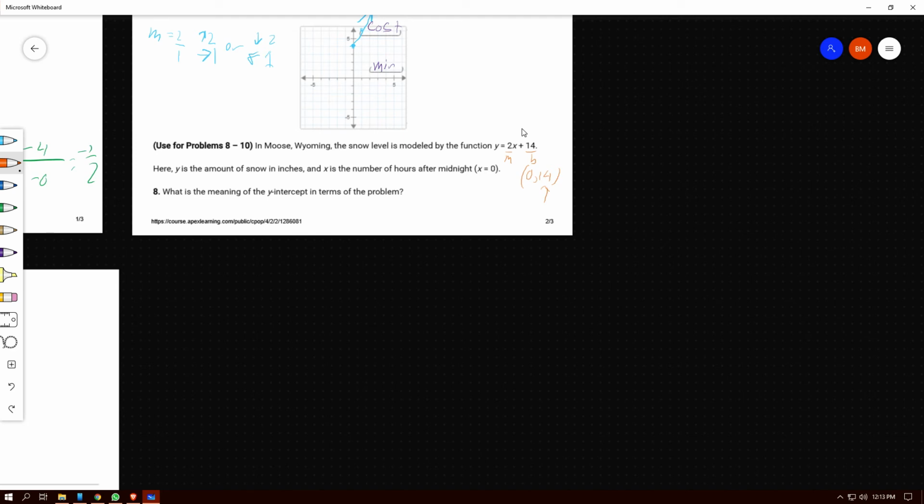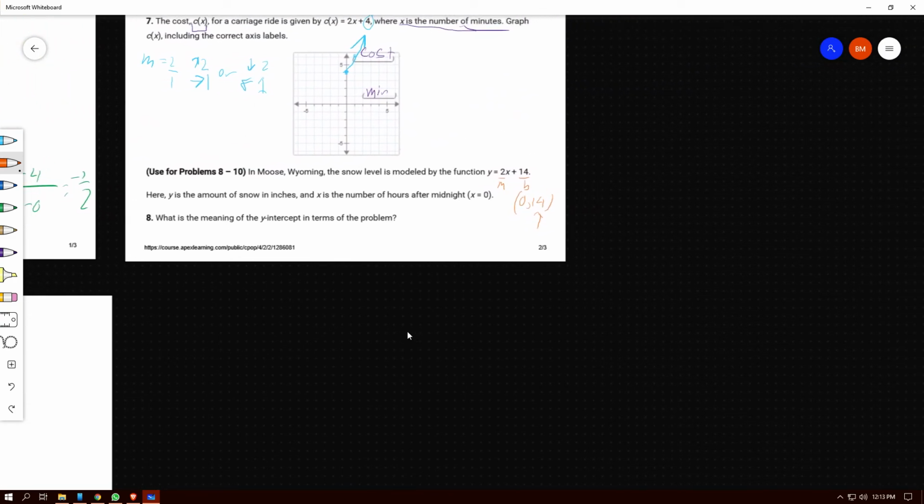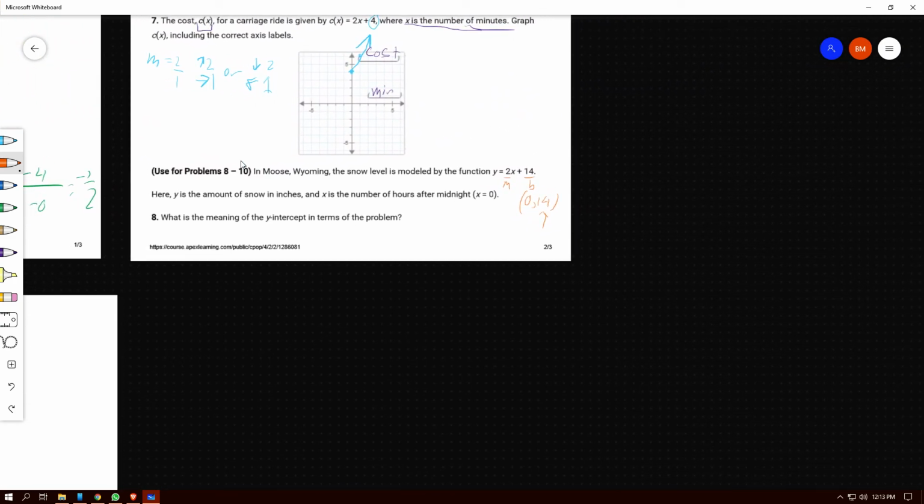So what is the meaning of the y-intercept in terms of the problem? Basically, I'm just going to plug 0 in for x, right? Because that's what the y-intercept is. It has an x value of 0. So I have this equation, y equals 2x plus 14.